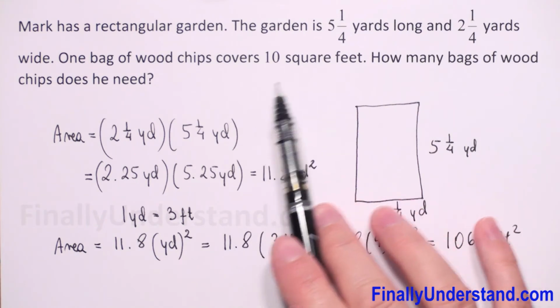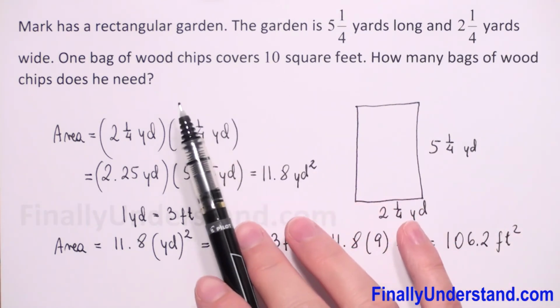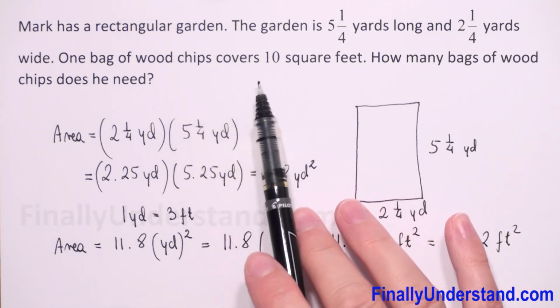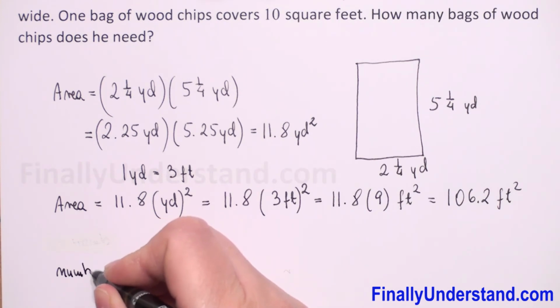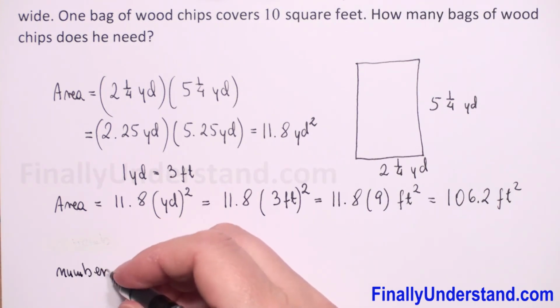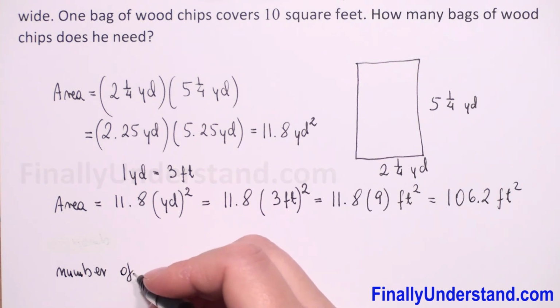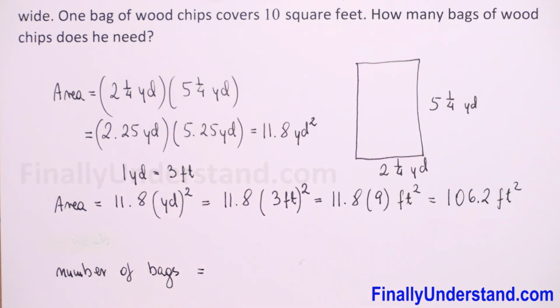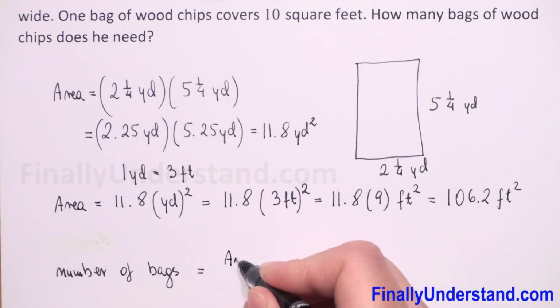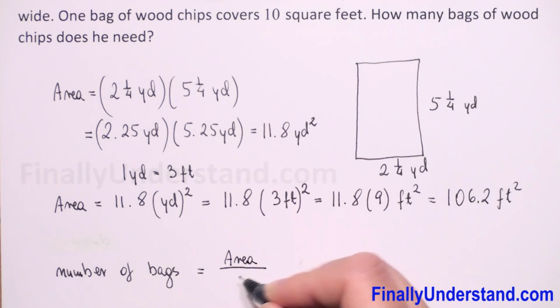So we have to come back to our problem. We know that one bag of wood chips covers 10 square feet. So now the number of bags will be the area of our rectangle divided by 10 square feet.